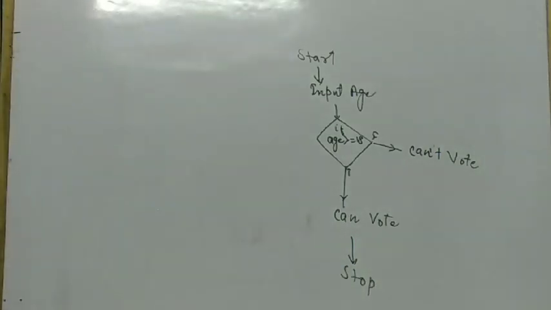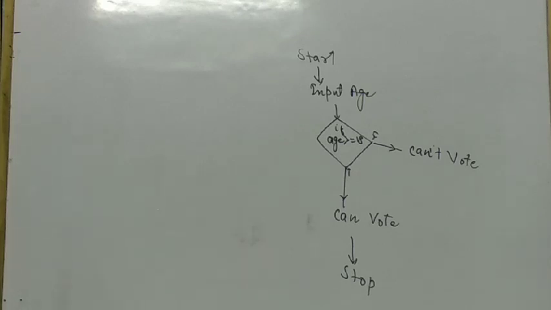Okay. So as on the board, start, input age. If age is greater than or equal to 18, then that person is eligible to cast his vote, and if it is false, then that person is not eligible to cast the vote.